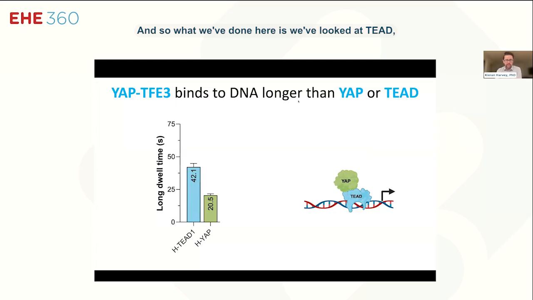And so what we've done here is we've looked at TEAD. This is the DNA binding protein of the Hippo pathway. And we can see that this binds to the genome on average for around 40 seconds. So this is really important, foundational information that we can use to compare and contrast to a lot of different settings, including adding chemical inhibitors or genetic perturbations, etc.